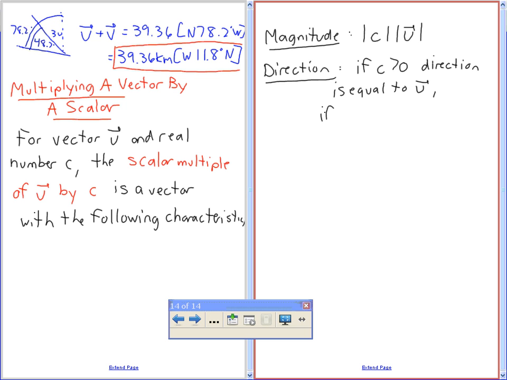And if c is less than 0, the direction is opposite u. The notation is cu.